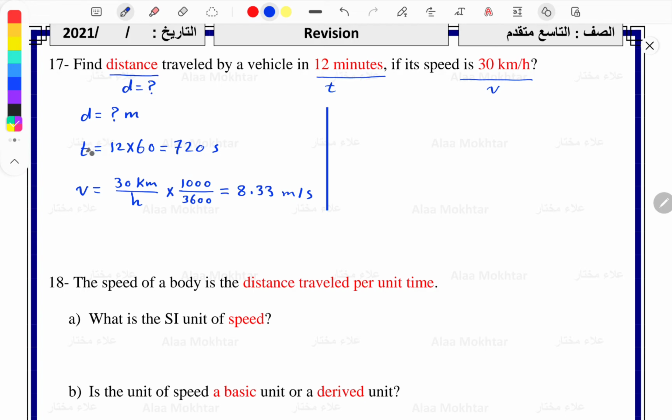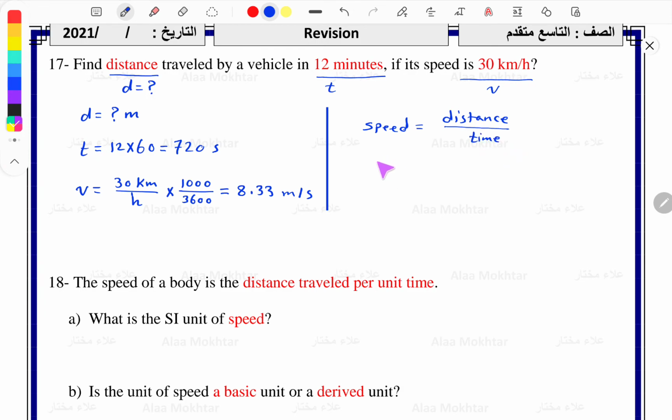Now we have the given. We need distance, we have time, we have speed. The equation is speed equals distance divided by time.